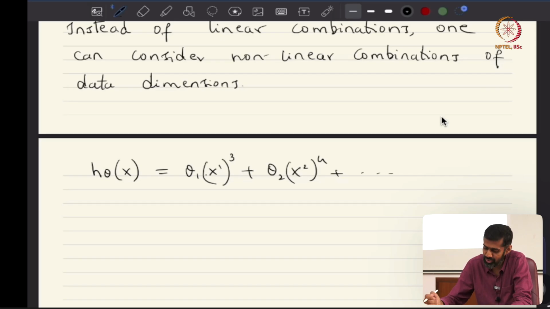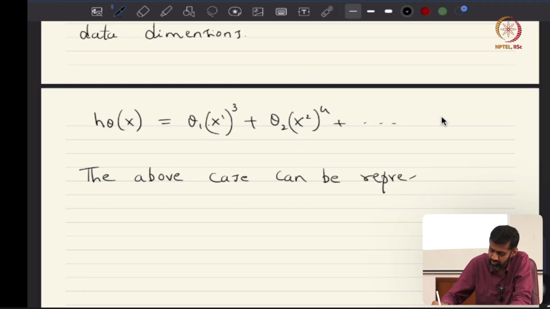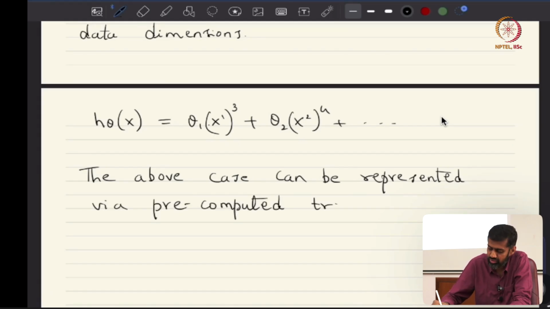Now the question is, how do you do ERM with this sort of a framework? So these models are called generalized linear models, where the above case can be represented via pre-computed kernels, let's say pre-computed transformations.